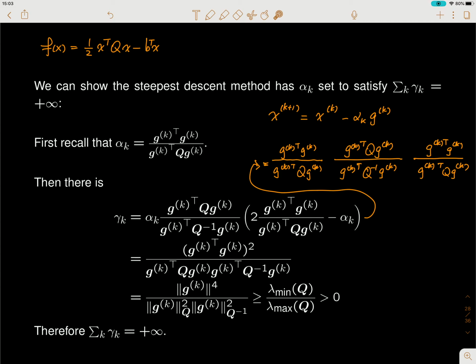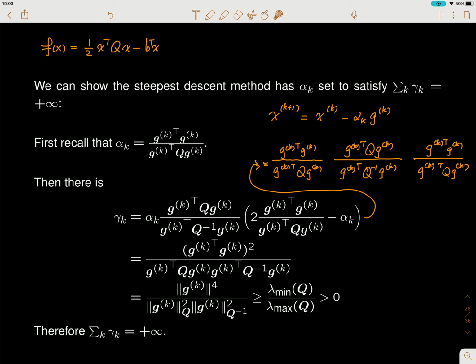So if I divide both sides by this and this, what I get is the GK squared over the GK Q norm squared is bigger than or equal to 1 over lambda max of Q. So that's how I get this quantity here is bigger than or equal to 1 over this. But I have an extra 2 here, so that's why I copied it here.